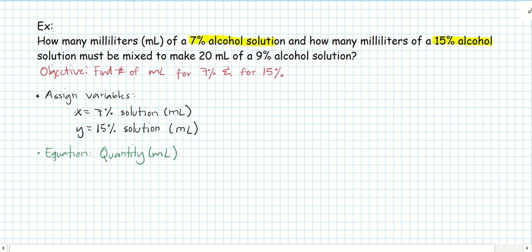So we know that if I combine the number of milliliters for the 7% and the number of milliliters for the 15%, it's going to give me a total of 20 milliliters at the end, right? So that means that x, the number of milliliters for the 7% solution, plus y, the number of milliliters for the 15% solution, equals 20.